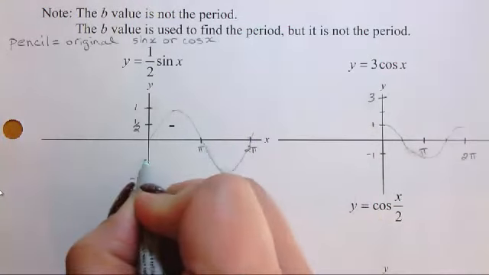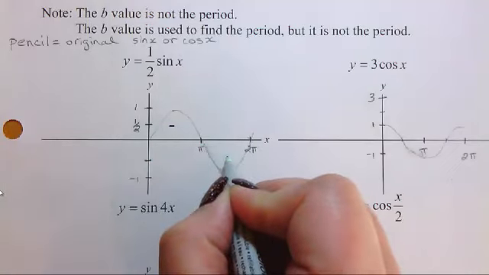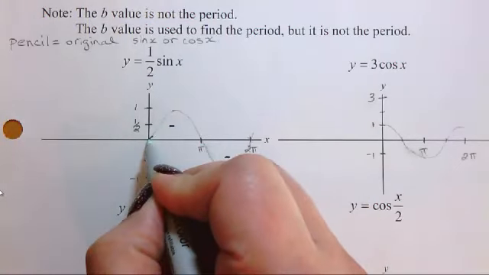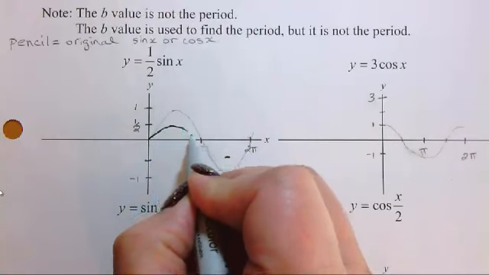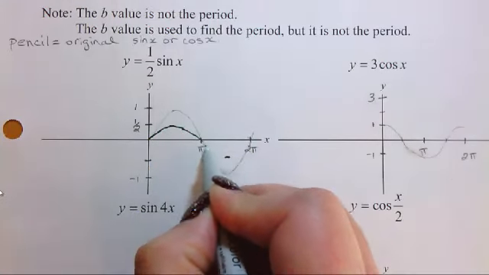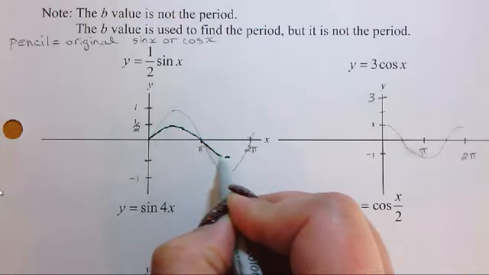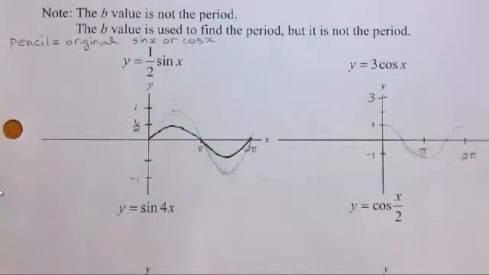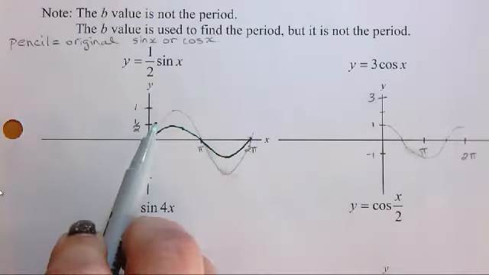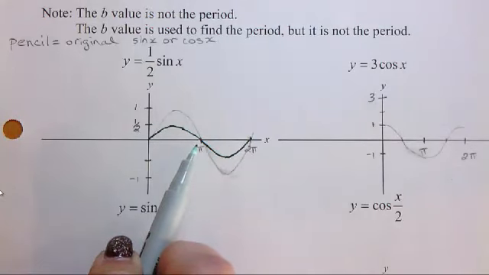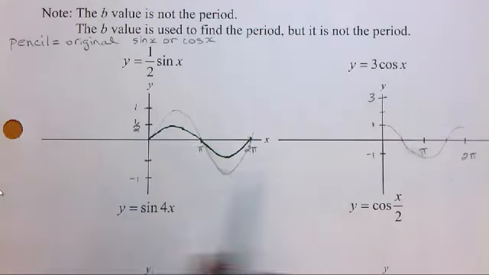It's only going to go from here to here and here. So I can just draw my sine so that it looks like that. In pencil I've got the original, and in marker I just drew in 1/2 sine x.